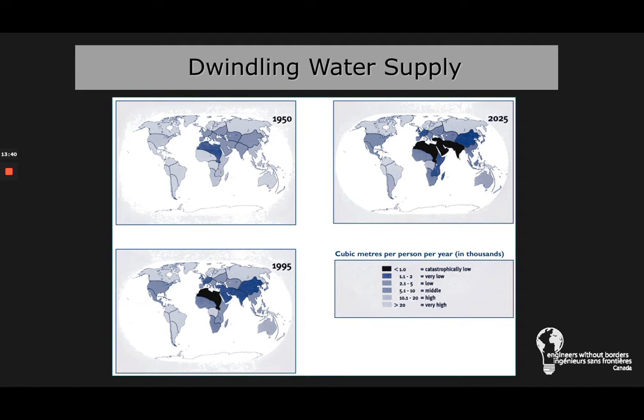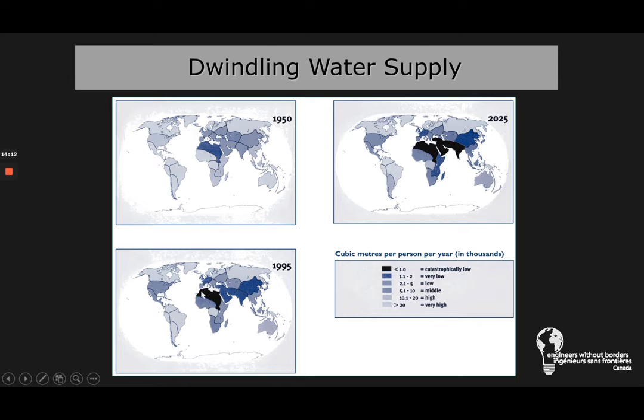If you look at this little diagram here, back in the 1950s, and this is a global record of how much water is available by country, Africa seems to be the only continent that has severe issues with drinking water. By 1995, you can see that there are more areas now affected in terms of their water supply.